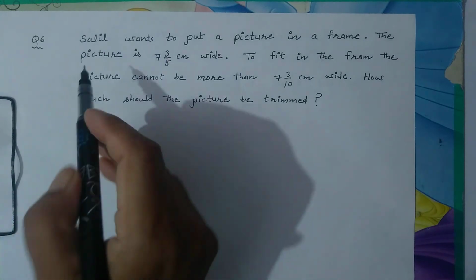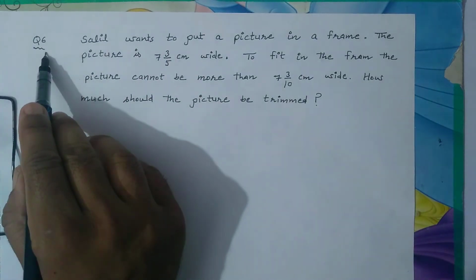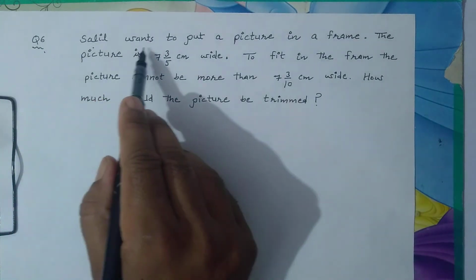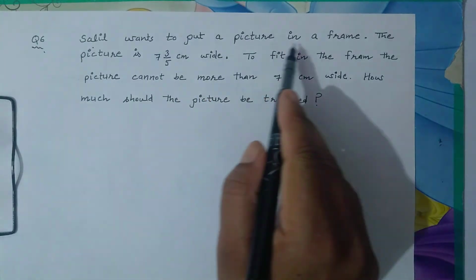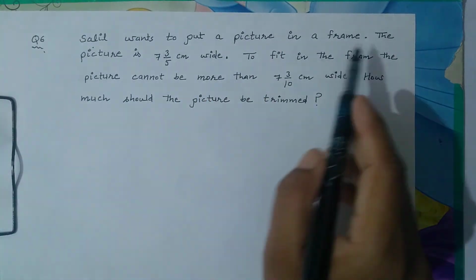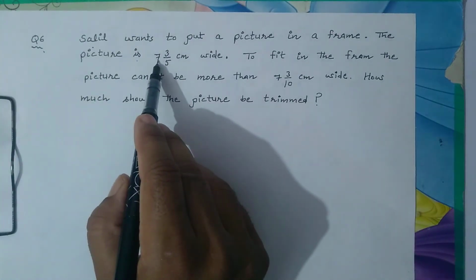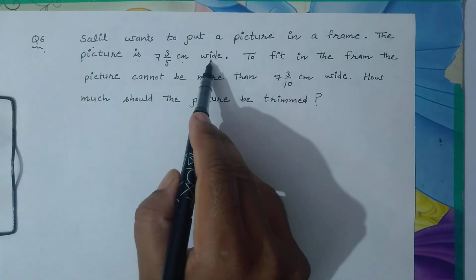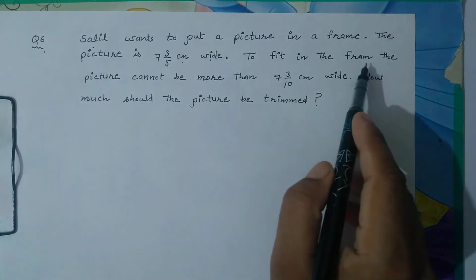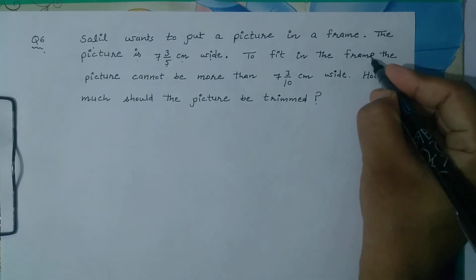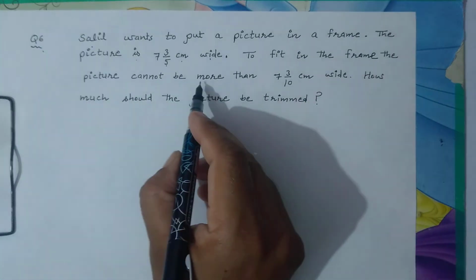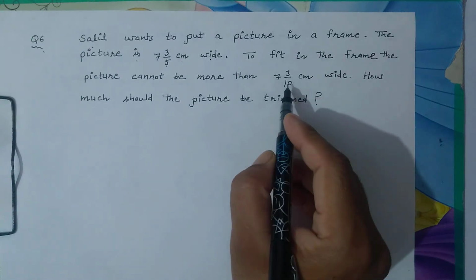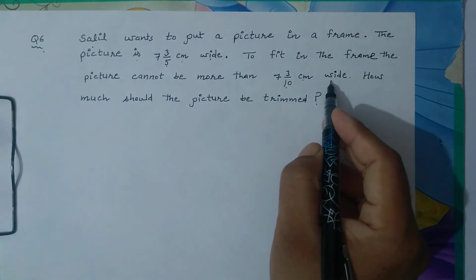Now coming to the next question. Question number 6. Salil wants to put a picture in a frame. The picture is 7 and 3 upon 5 centimeter wide. To fit in the frame, the picture cannot be more than 7 and 3 upon 10 centimeter wide.